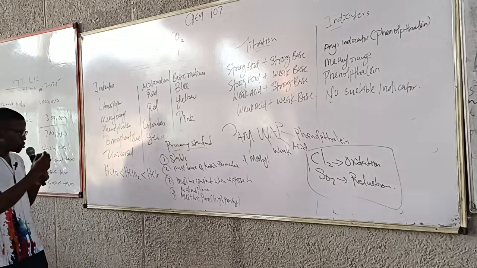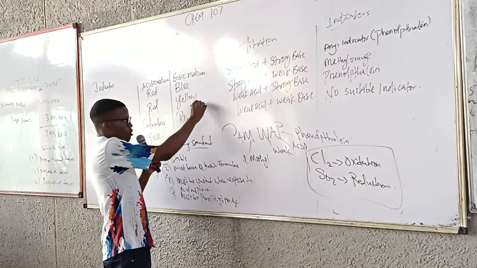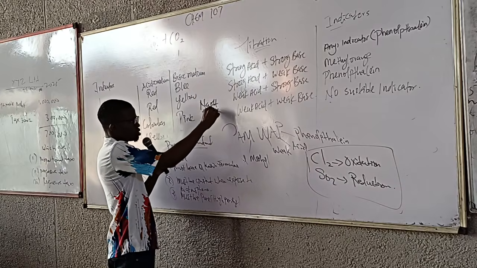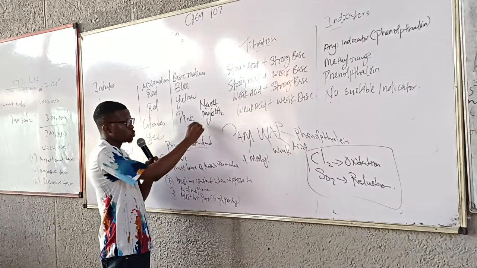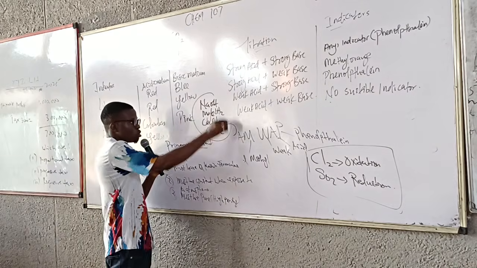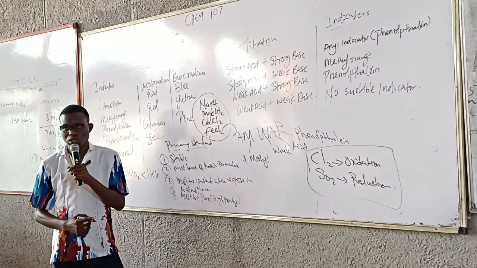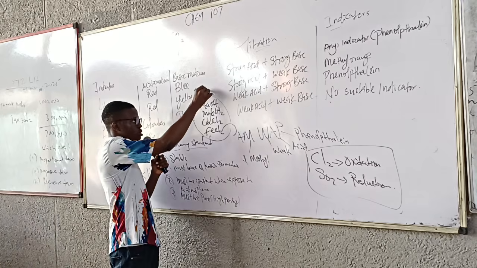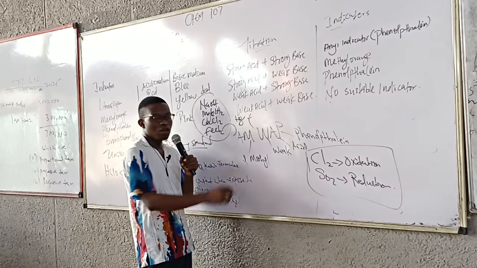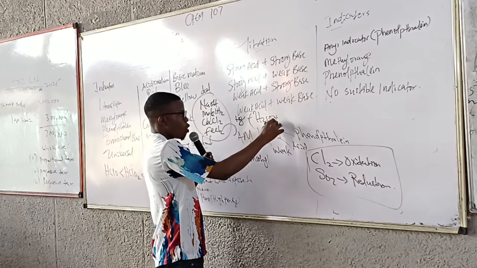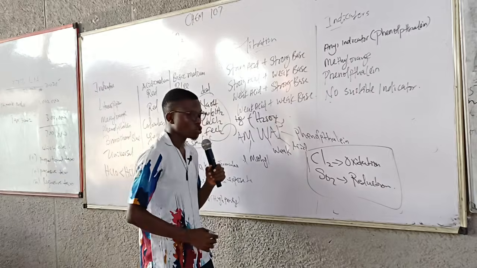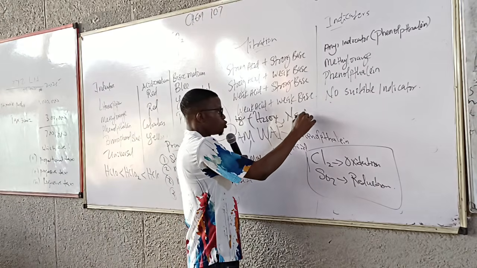So you should know some of these compounds. Sodium hydroxide, we also have magnesium hydroxide, then calcium chloride, and FeCl2 also. These are deliquescent compounds. Then under hygroscopic, we have H2SO4 and sodium nitrate, NaNO3.